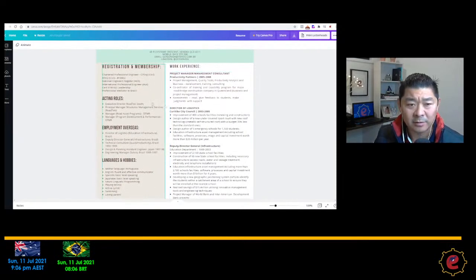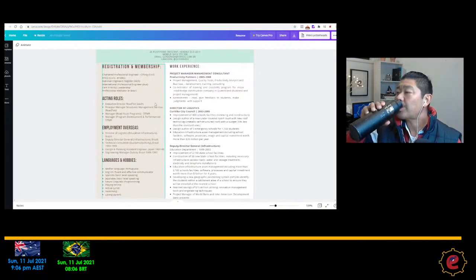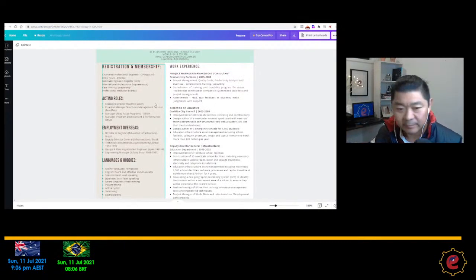And then on the left-hand side of page number 2, I put my registration and membership as a Chartered Professional Engineer, RPQ, National Engineers Register, International Professional Engineer, etc. So if you have your engineering qualification validated already, it would be a good idea to include it in there.